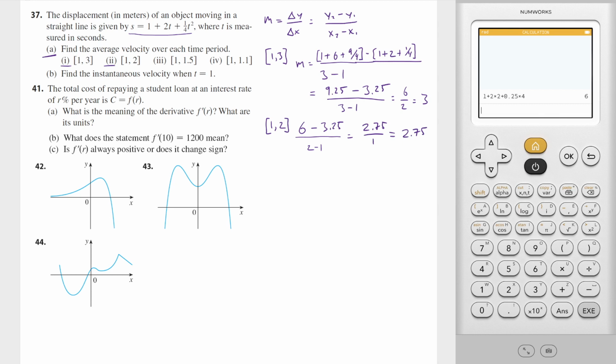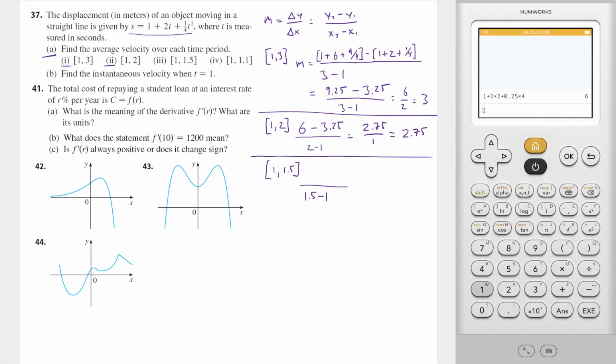All right, now let's do the next one, the interval 1, 1.5. Okay, so I'll draw these things here so we know we're working on separate parts of the problem, I guess. And so in the denominator, I have 1.5 minus 1, and in the numerator, let's go ahead and pop it over here.